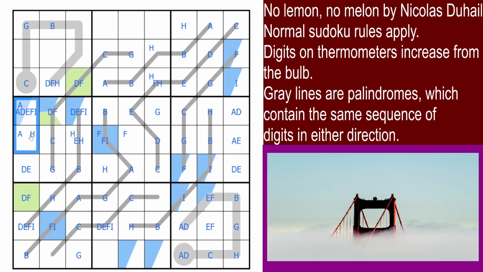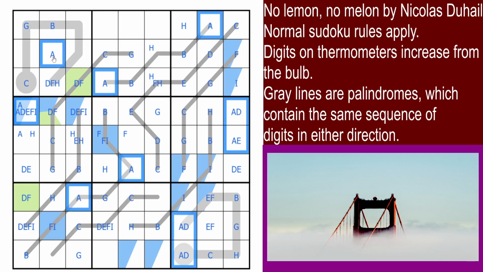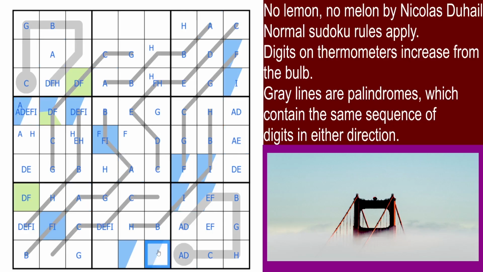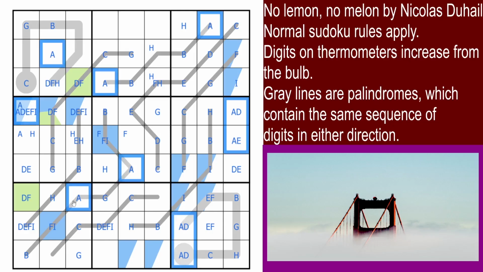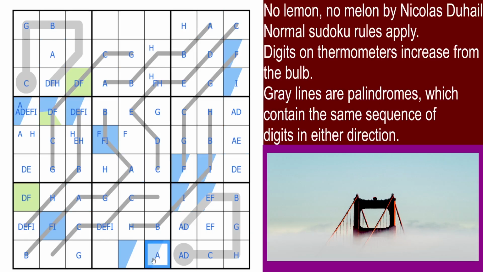The only A I can see here is here. A in this box has to be here. And I think that will give us blue also, isn't it? So A in this box cannot be here, it has to be here.